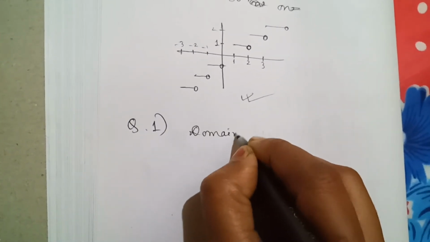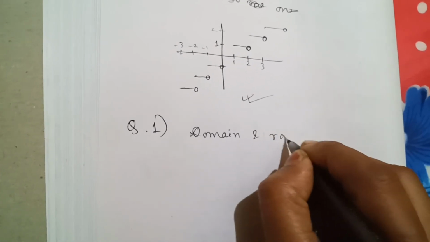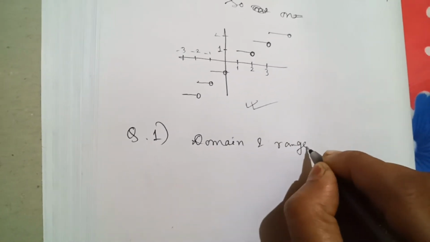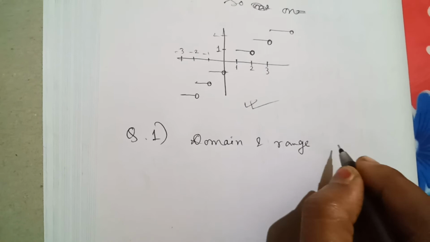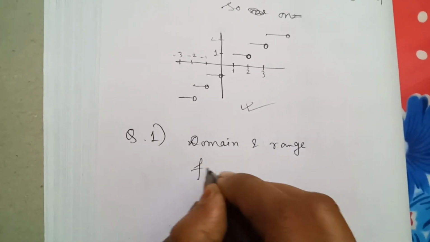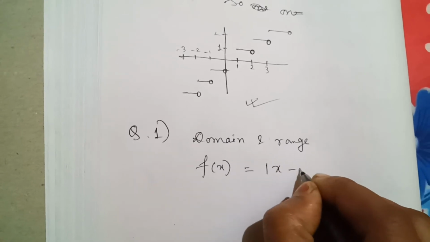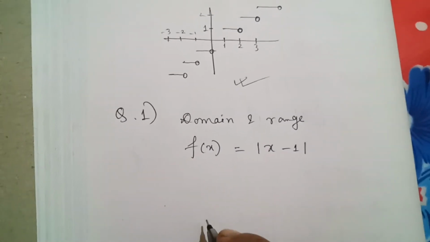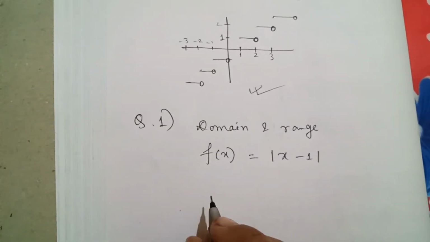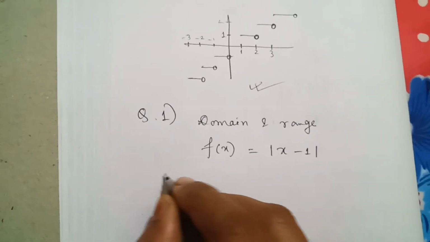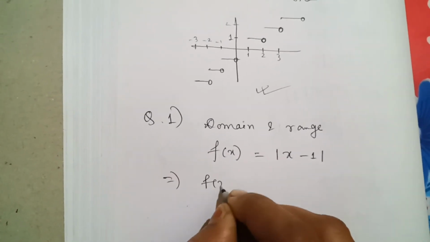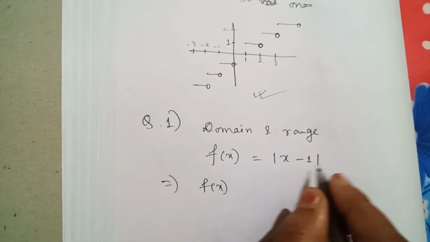I am writing in short form so that it will not take much time. The function is given as f of x equals mod of x minus 1. How will we find it out?